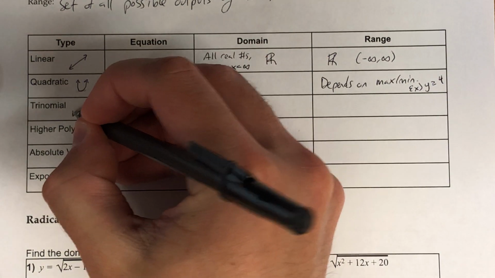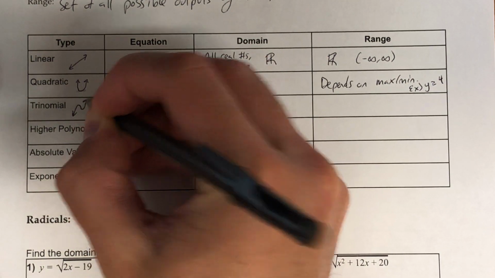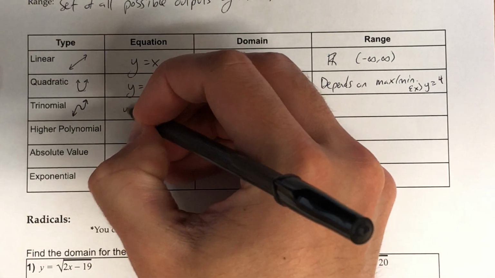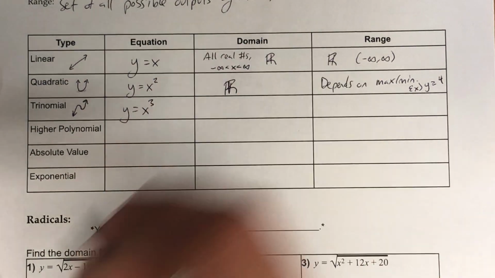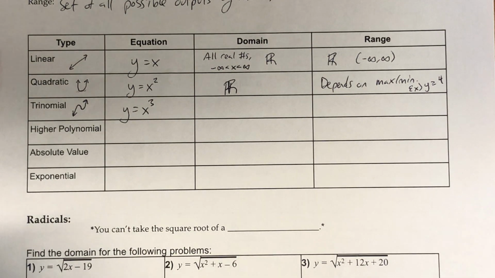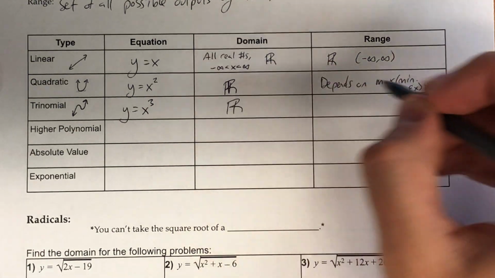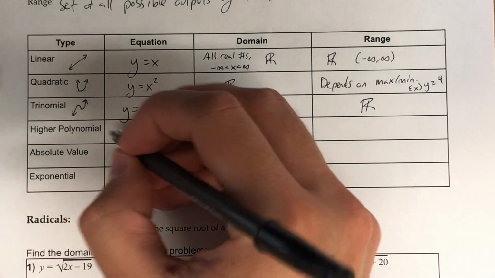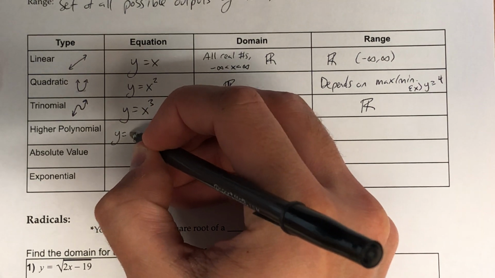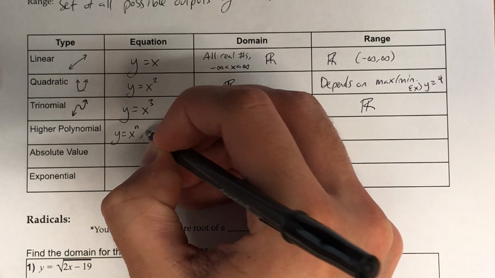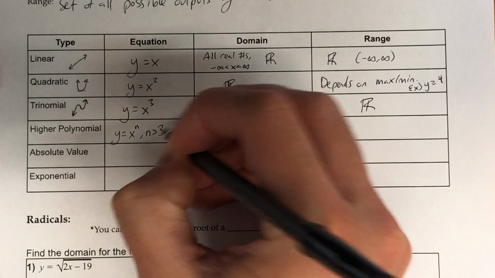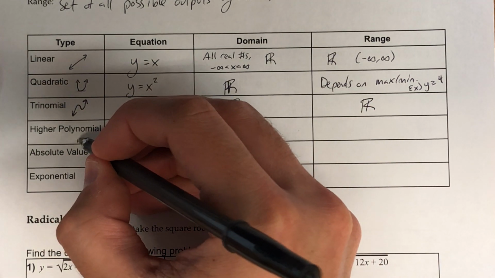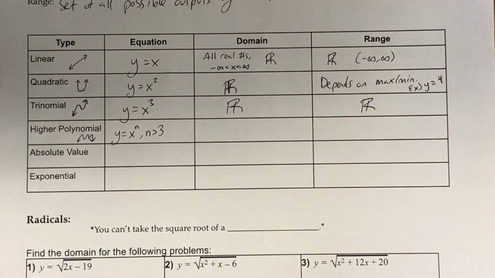Cubics. So these are y equals x to the third. These ones have all real number domain and all real number range. Higher polynomials, x to the n, where n is larger than 3. So these ones, you never really know.